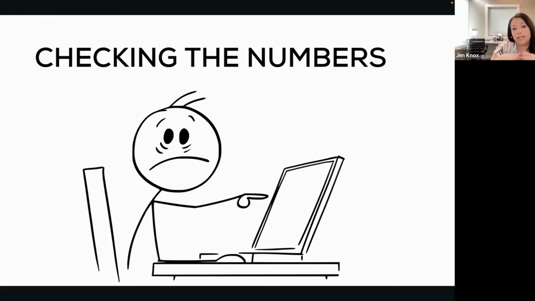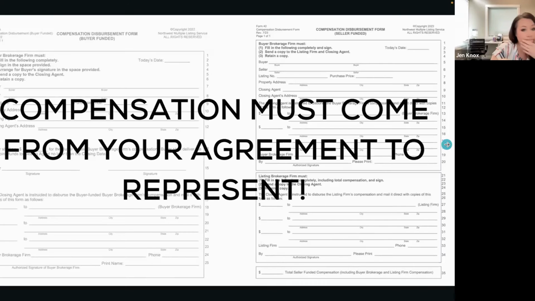All right, now checking the numbers. We all get those final statements from escrow, and we really need to be diligent and thorough when we check those. There have been a couple that have come back that have been wrong, and once we've closed, it's nearly impossible to change it.